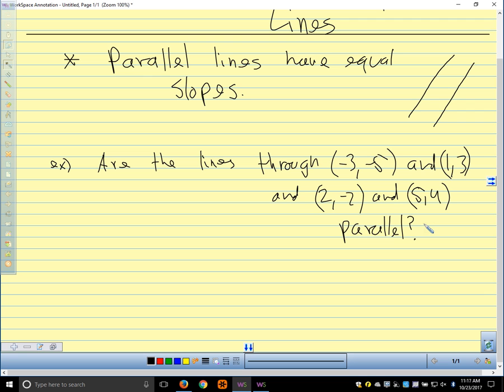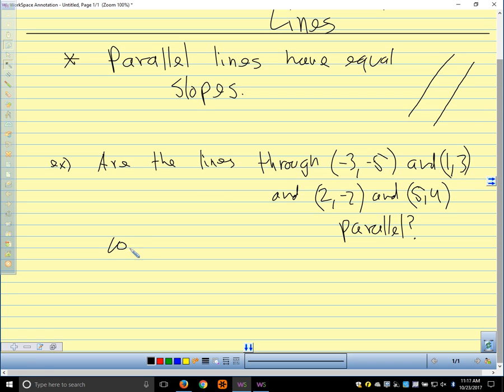What this question is not asking us to do is plot these points, make a line between them, and then just look at it and say, oh, it kind of looks parallel, or it doesn't really look parallel. What questions like this are asking us to do is compare the slopes.